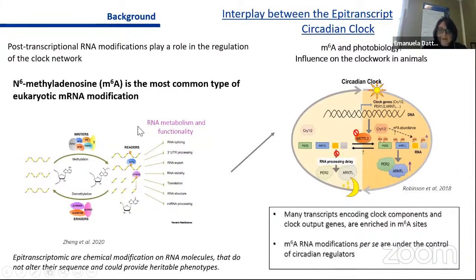Writers add a methyl group on the mRNA, and erasers remove this group. By the concerted work of these 2 kinds of genes, the mRNA life is regulated, and this regulation also has an effect on the daily regulation of plants.